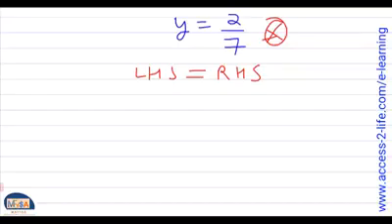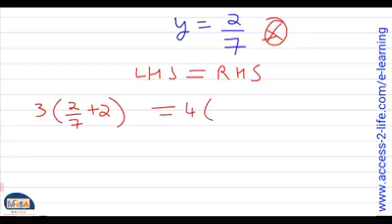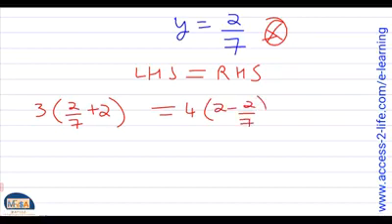Welcome back. Let's see if you got the left hand side to be equal to the right hand side. So we go back to the original equation, which was 3 into y. We said our y is 2 over 7, plus 2, equals 4 into 2 minus 2 over 7, close bracket.